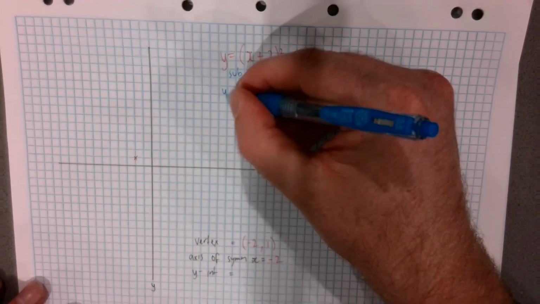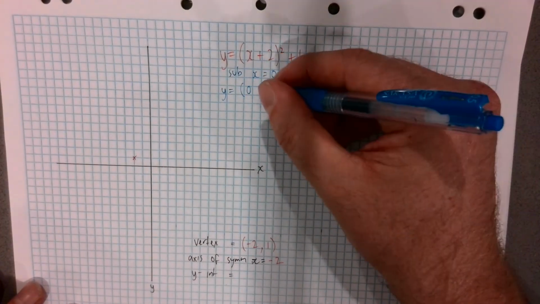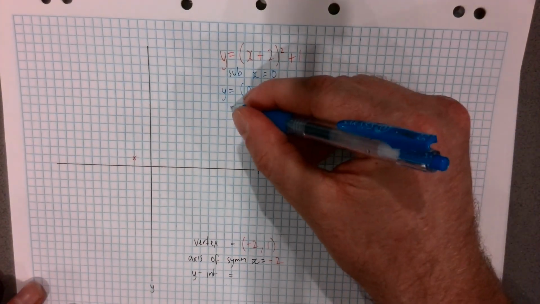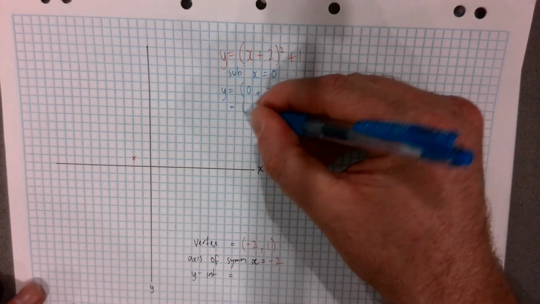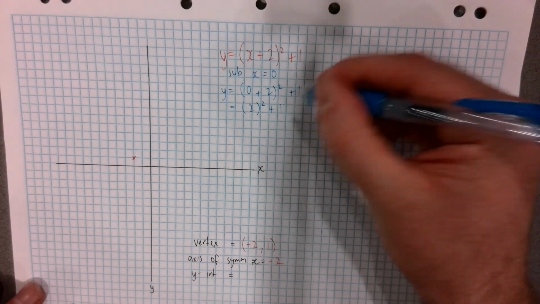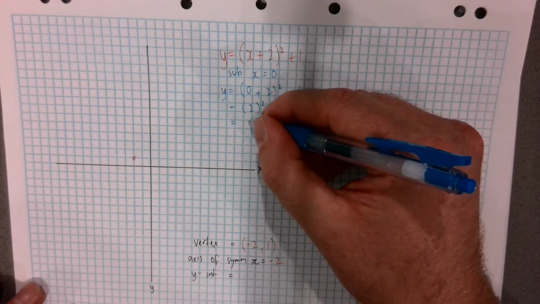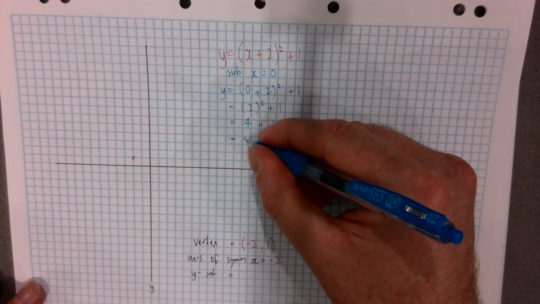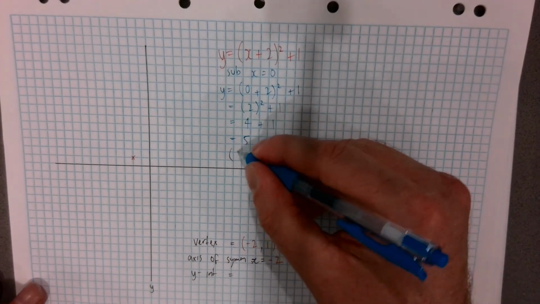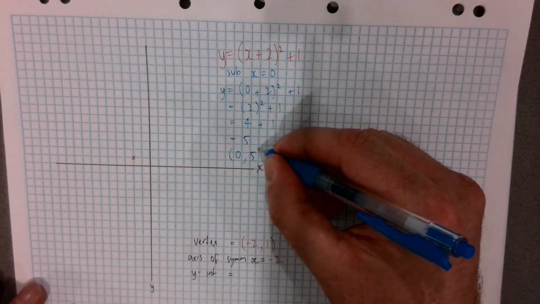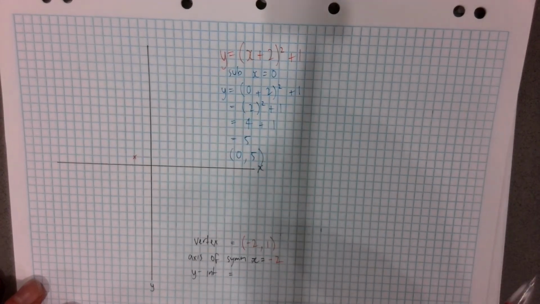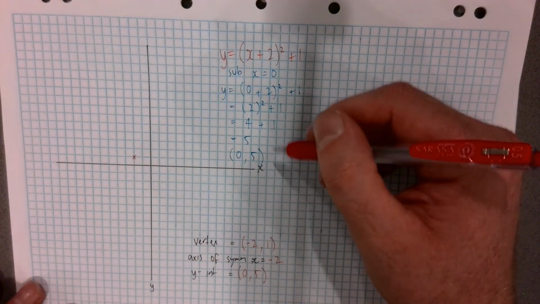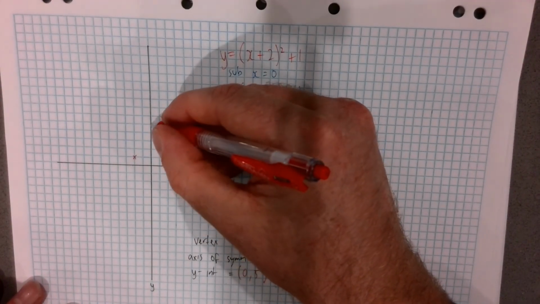So, 0 plus 2 all squared plus 1. 0 plus 2 is 2 squared plus 1. 2 squared is obviously 4, which gives me a value of 5. When x is 0, y is 5. That's my y-intercept. I can go ahead and mark that. 1, 2, 3, 4, 5.